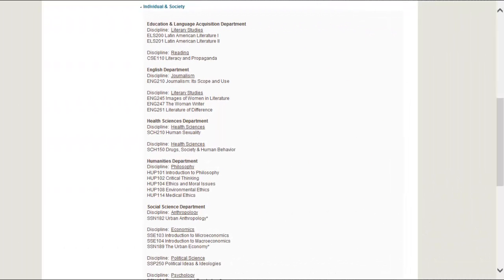We are now looking at the fourth category, Individual and Society. Remember, to complete the Pathways Flexible Core, you are selecting one course from each of these 5 categories. Let's select a course from the Individual and Society category. Again, courses are listed by department and discipline area.